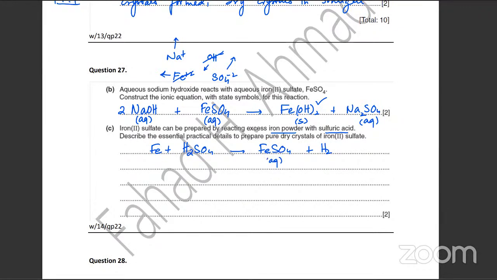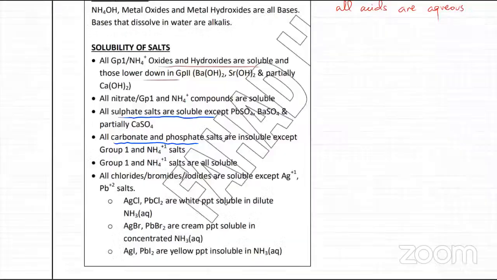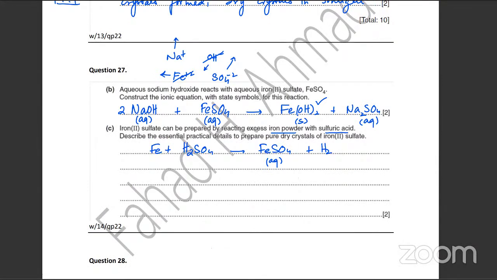We just did that. सल्फेट्स के बारे में क्या है कि वो सारे soluble हैं, except for lead, barium, and calcium, right? Otherwise, they're all soluble, so it's aqueous. Sulfuric acid is aqueous. Iron is a solid.